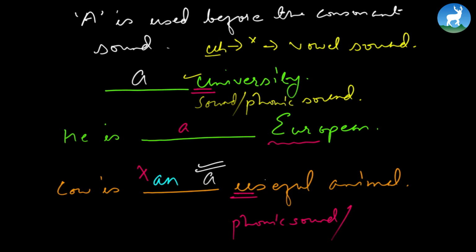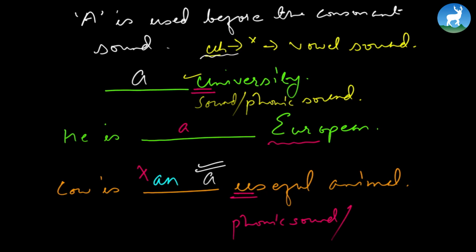Why? Because the very beginning of the pronunciation, "useful," is "yoo," as if Y and U are coming together. It's nothing like a vowel U sound. So we focus more on the vowel sound. Cow is a useful animal.